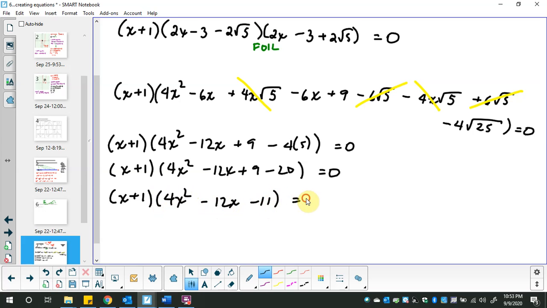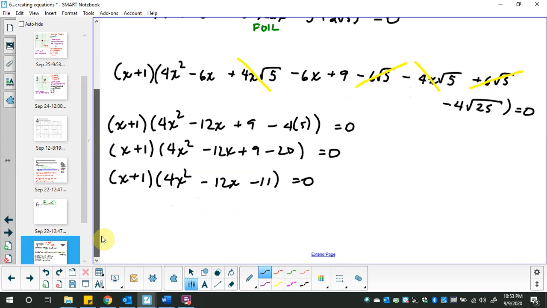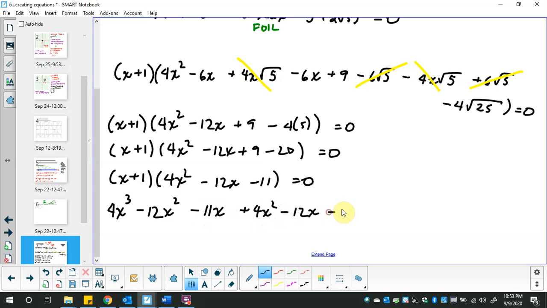And then finally, normal FOIL. X times 4x squared. X times negative 12x. X times negative 11. 1 times everything in that bracket. Negative 8x squared.